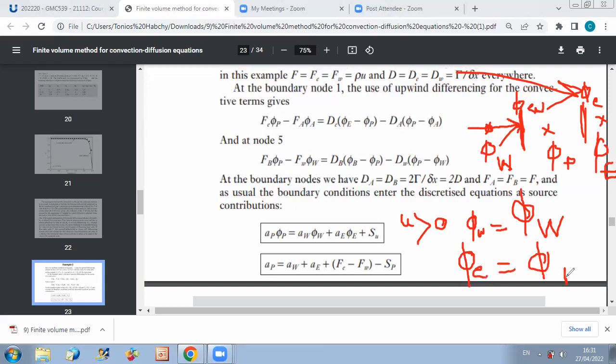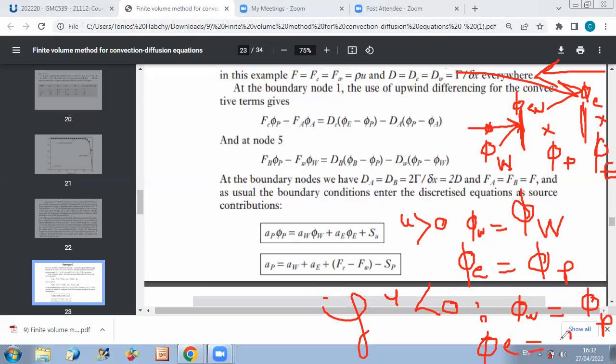لو كانت عندنا velocity negative, if the velocity was negative in the other direction, ساعتها if U negative, what do I take? If U negative, phi west شو بتكون؟ بتكون phi p. Exactly. Yes. And phi east بتكون phi east.